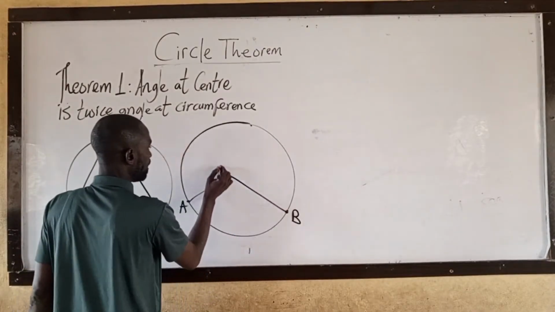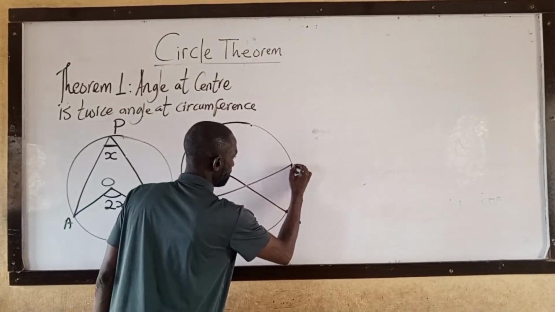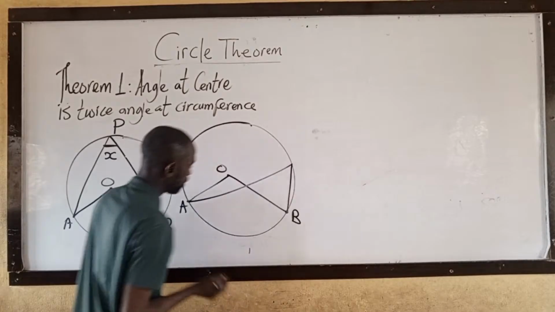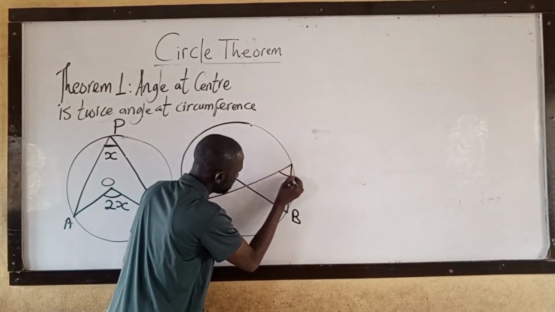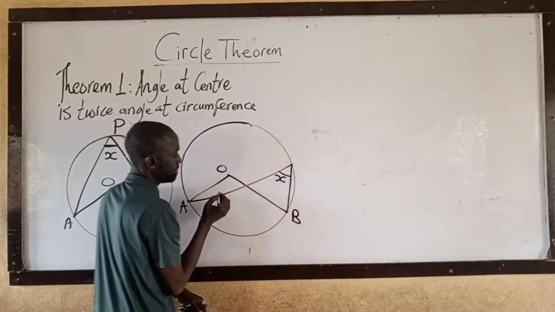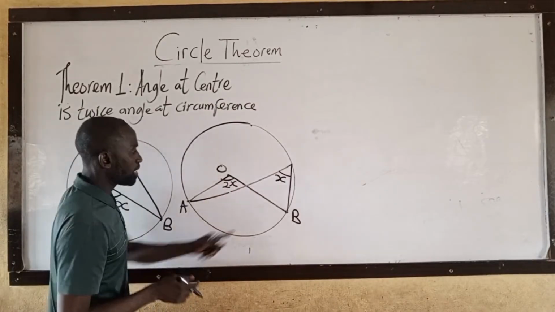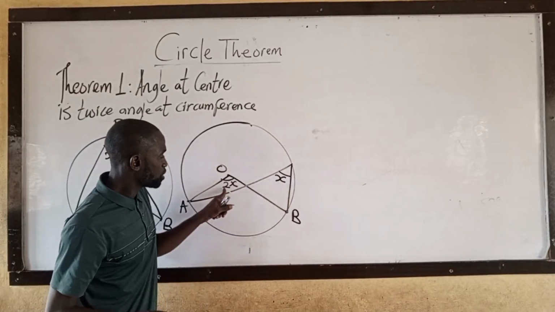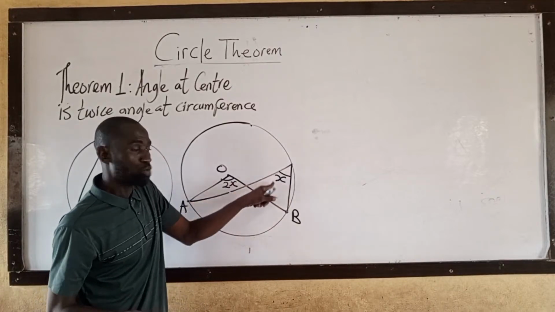And now we form the angle here, at the center. You can see the travel. This one here travels to this place. This other part will go and meet it to form an angle here, angle x. This angle here becomes 2x. Angle at center is twice angle at circumference.